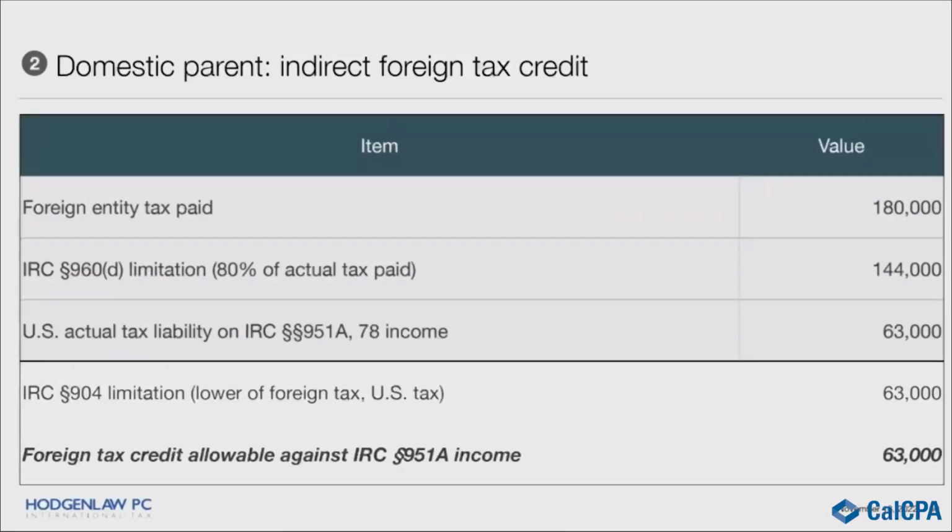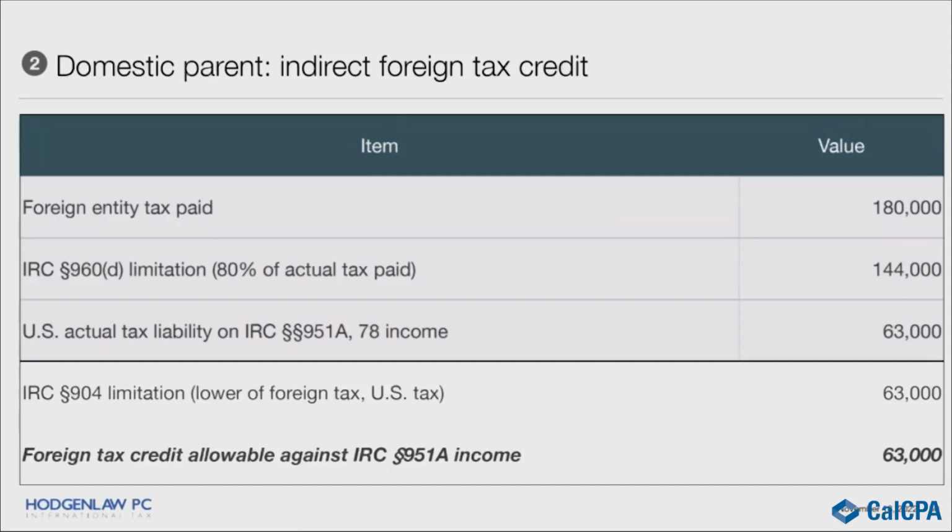Start again at the top. Paid $180,000 to the foreign country for corporate income tax liability. Section 960 says, yes, you can use the indirect foreign tax credit, but for this global intangible low-taxed income stuff, you can only use 80%. So we're going to have $144,000.